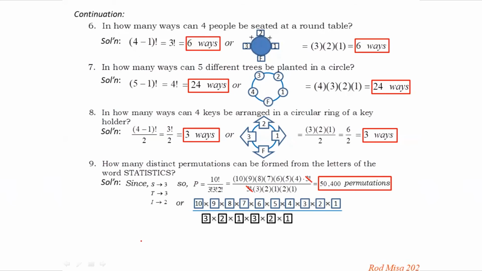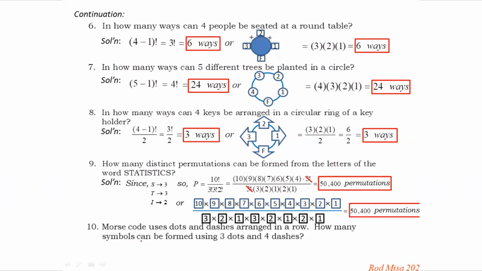So we need to divide again by 3 times 2 times 1. And also for the 2 I's, we need to divide 2 times 1. So performing the simple arithmetic, we know that the result is still 50,400. And you can see that both of our answers are just the same.